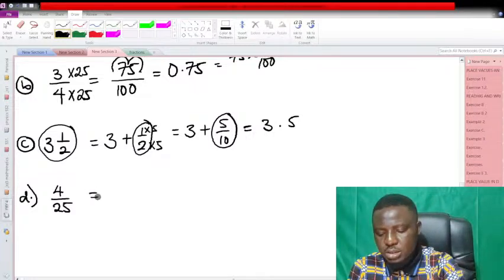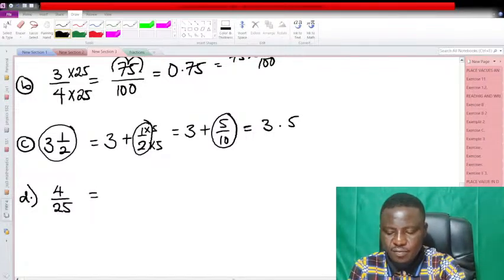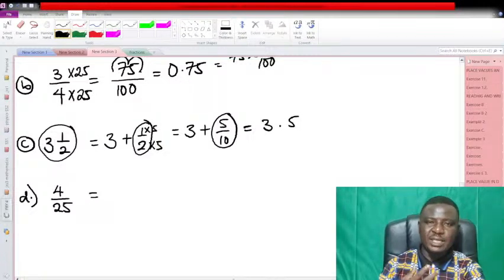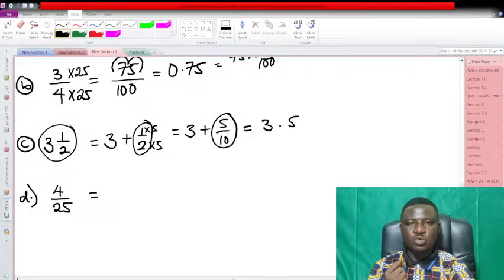While for D, we have 4 over 25. Look for a factor that you can multiply 25 with to get a multiple of 10. The closest multiple of 10 to 25, other than 10, is 100. So what will I multiply 25 by to give me 100?